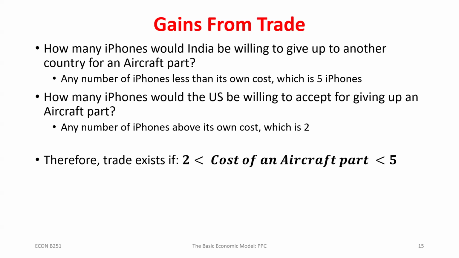We wanted the terms of trade for our x-axis good, which for us was aircraft parts. Now, we just said it's going to be anywhere in between 2 iPhones and 5 iPhones. Makes sense for both individuals, right? Both countries could be better off. And we'll show why here in a second.